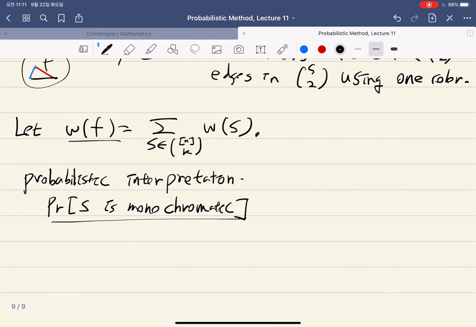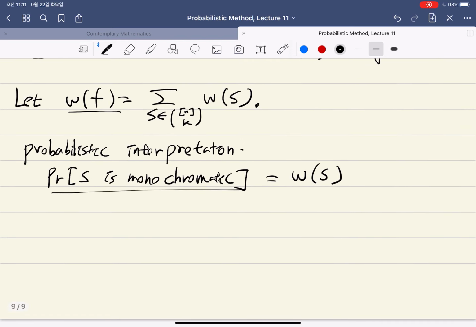So this is exactly the weight of S. So this weight of f is nothing but exactly the expectation of, say, X, where, let's write it this way.